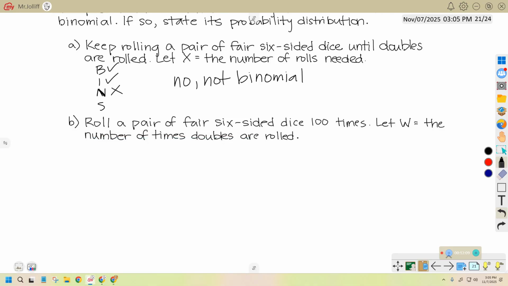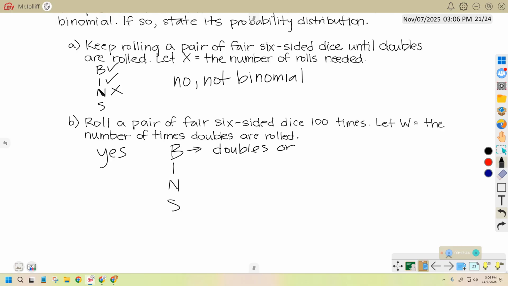Vanessa, is example B binomial? Why is it binomial? So what are my two possible outcomes? I roll the dice. What do I want to happen? Doubles. So what's the complement to that?